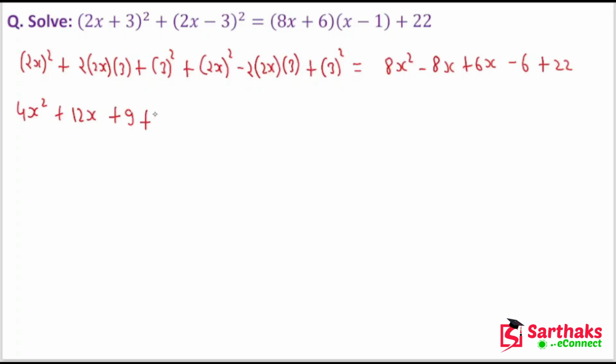2 into x square is again 4x square, and we will have 2 into 2 into 3, that is 12x, and 3 square equals 9, is equal to 8x square, minus 6x, minus 8x plus 6x is equal to minus 2x, and minus 6 plus 22 implies plus 16.